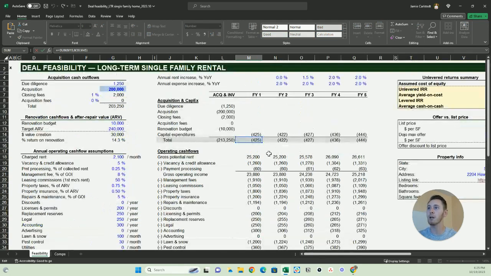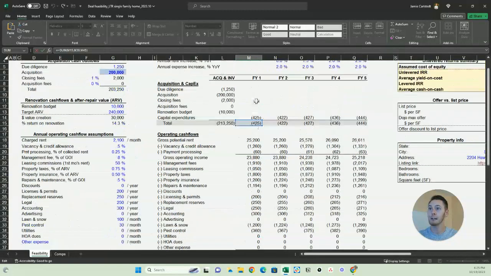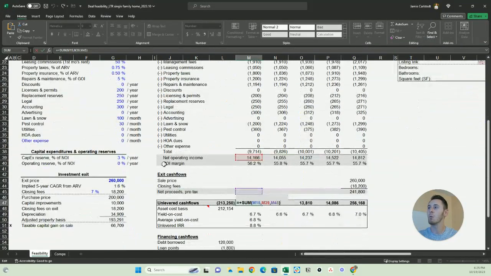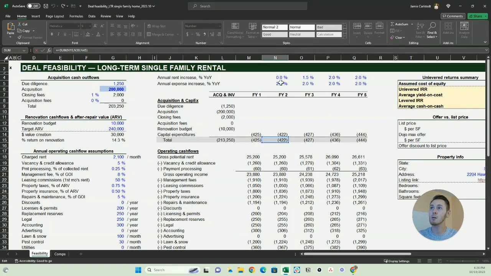You can see that we have $13,741 because we're going to have a little bit of CapEx outflow here, $425. That's the reserve. Then we have our NOI, we're adding those together, and that's getting us the $13,741. We're then dragging that over for the years. You can see that it's slightly increasing. It decreased here because we had 0% rent increase, but our expenses increased by 2%.